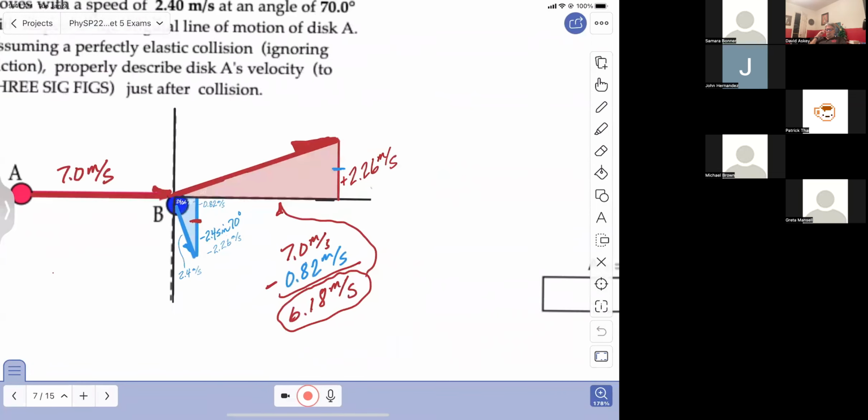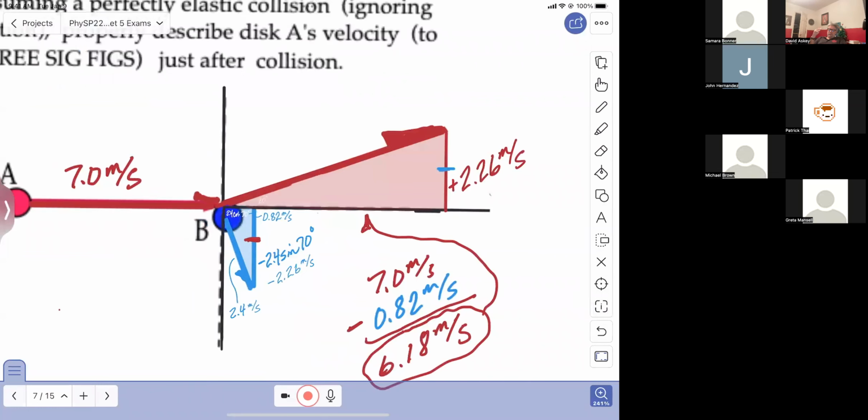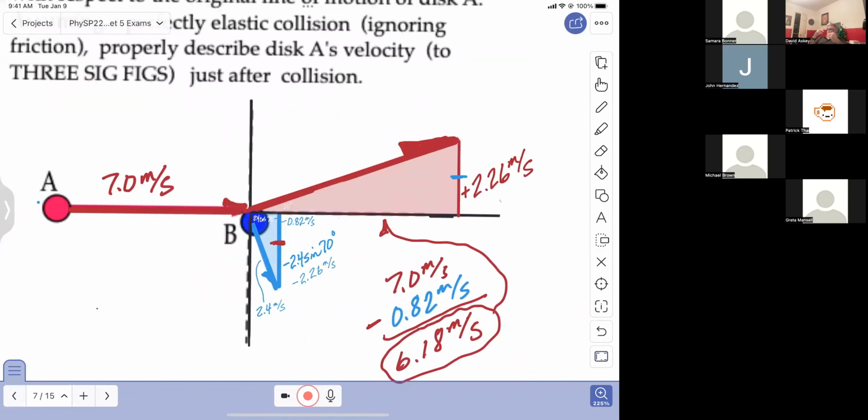Yeah. Well, I knew from conservation of momentum, or velocity in this weird case, that the velocity at the end of the collision, in the x direction, has to be the same as the velocity was before the collision. So the velocity before the collision was 7 meters a second.